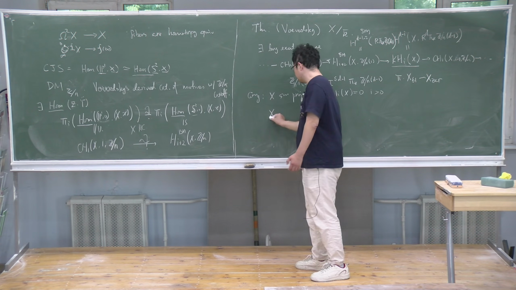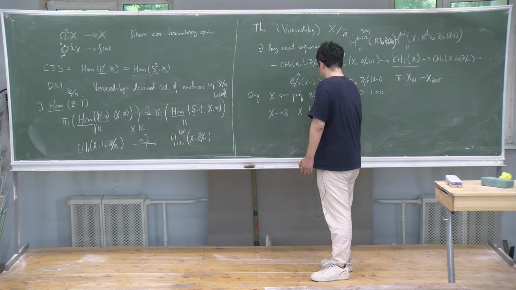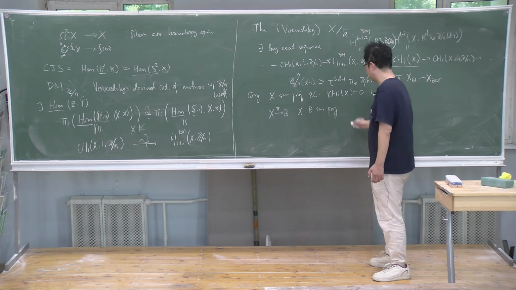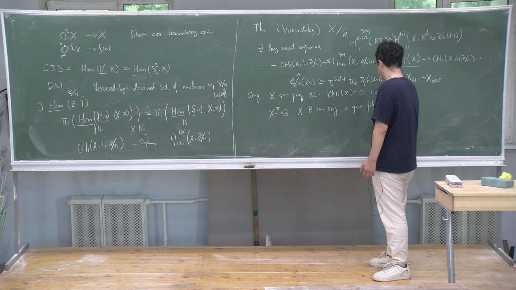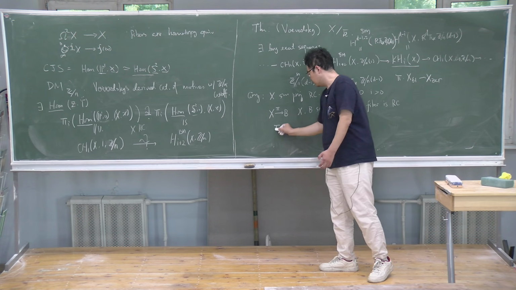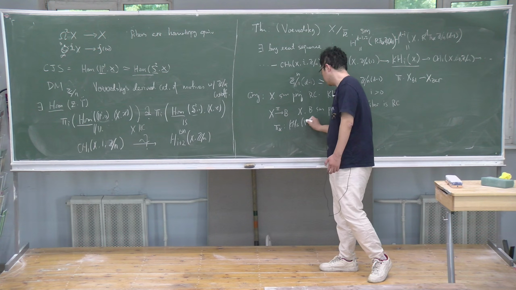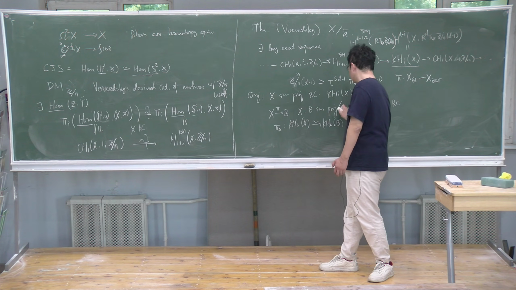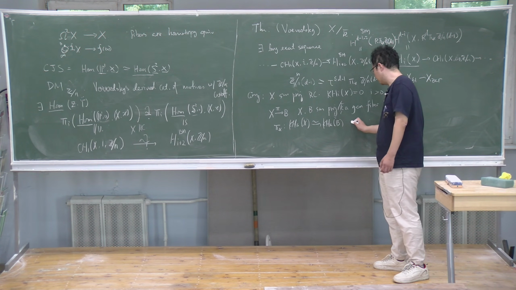So when X and B are all smooth projective, and a general fiber is rationally connected, so that is an isomorphism.